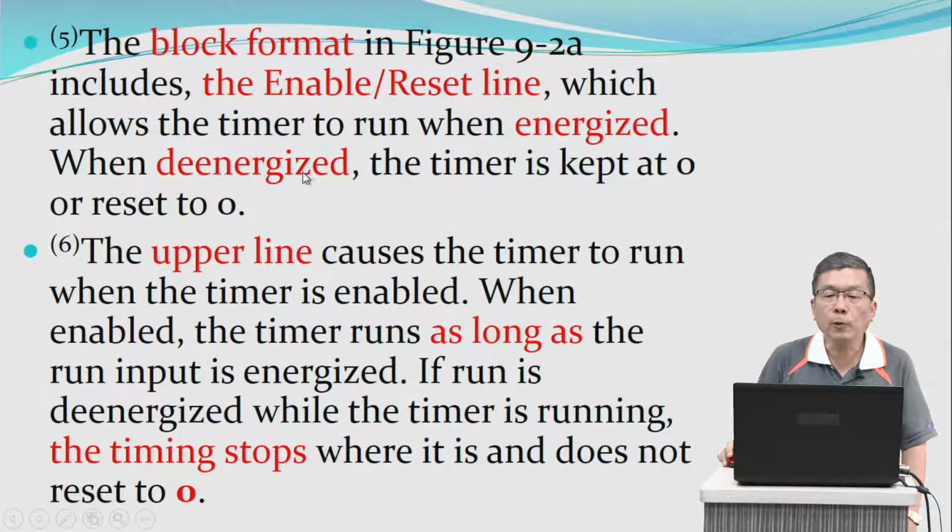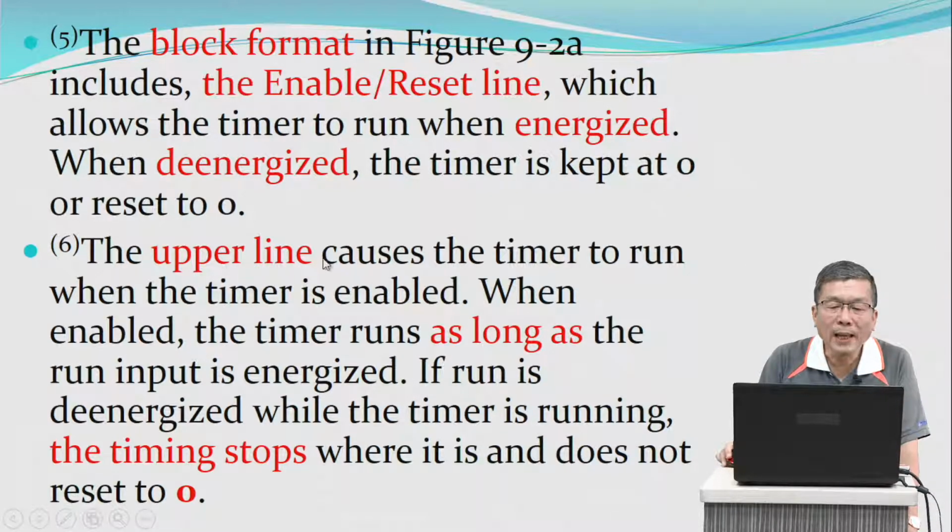The block format in figure 9.2a includes the enable and the reset lines, which allows the timer to run when energized. When de-energized, the timer is kept at 0, or reset to 0.